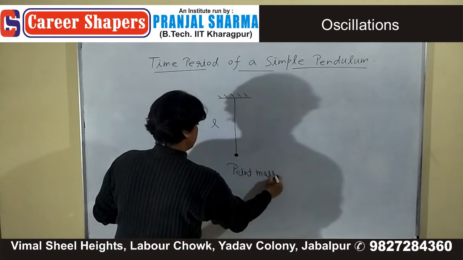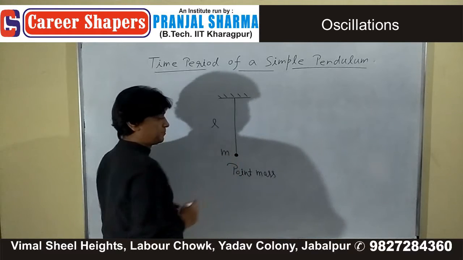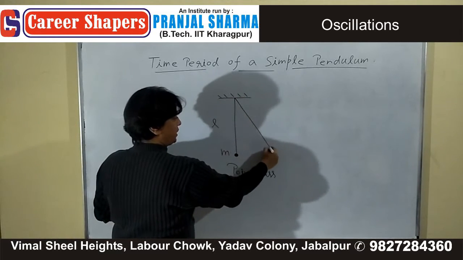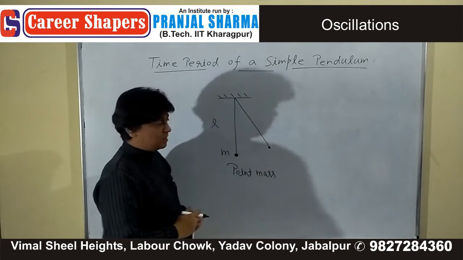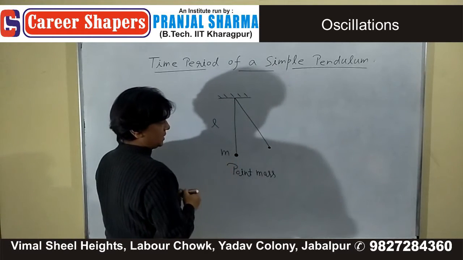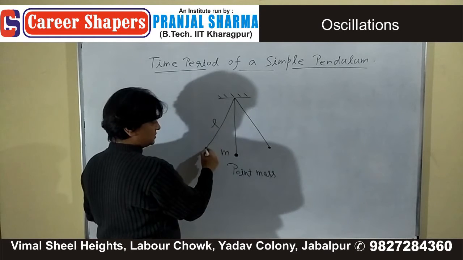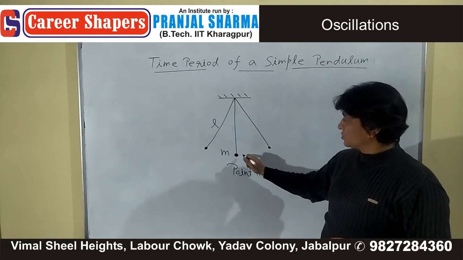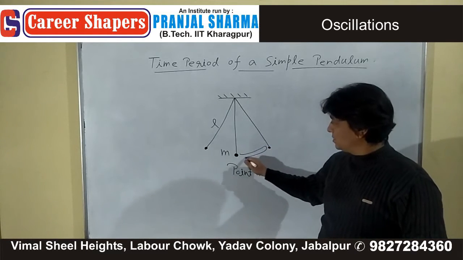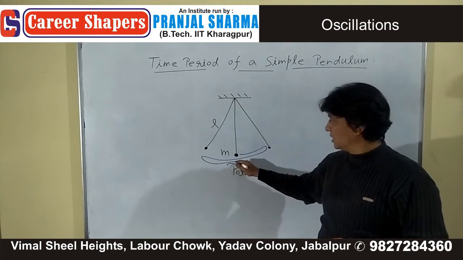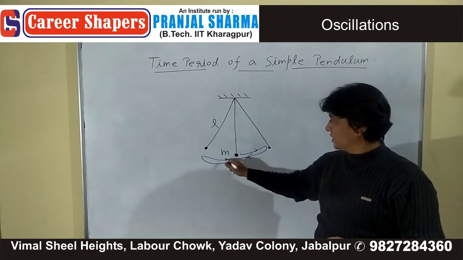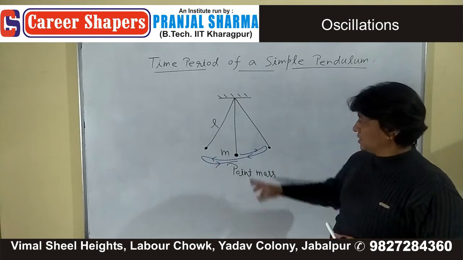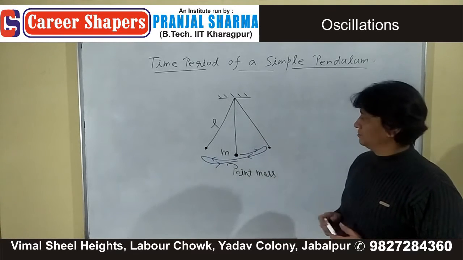This is the point mass M. It is going to oscillate between these boundaries, and oscillations are like this. It's going this way, then it comes and moves in this direction. That's how it oscillates. This is called a simple pendulum.